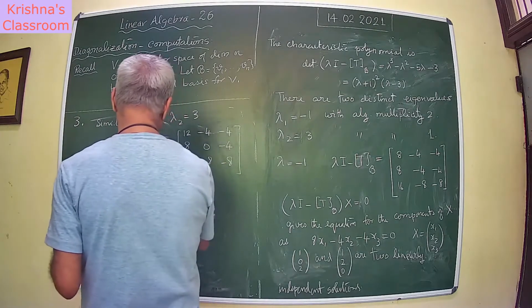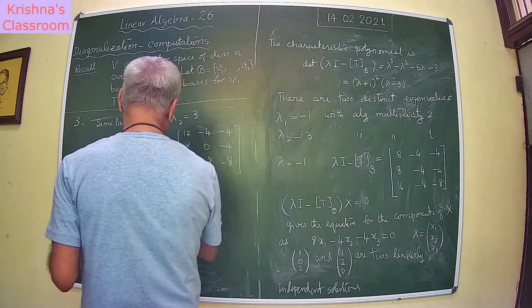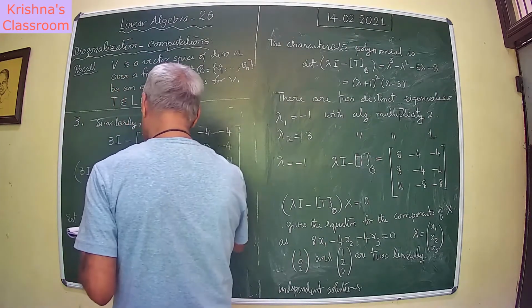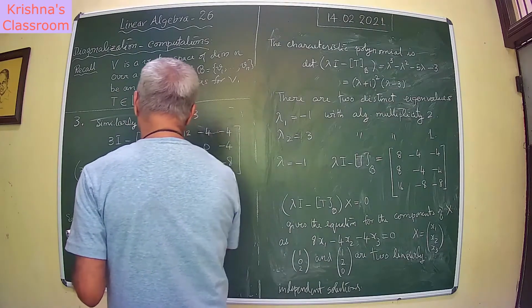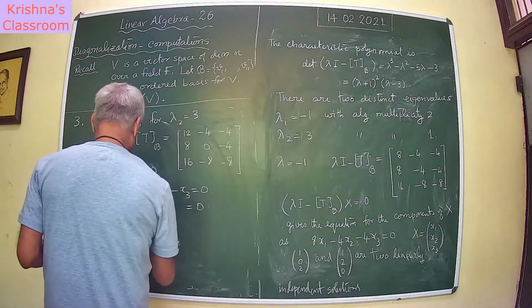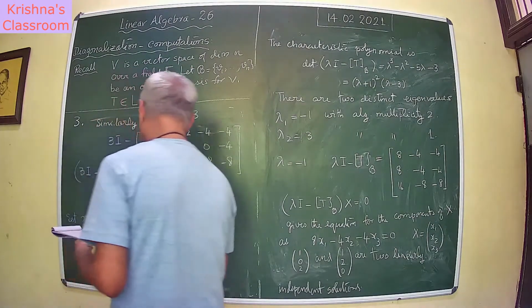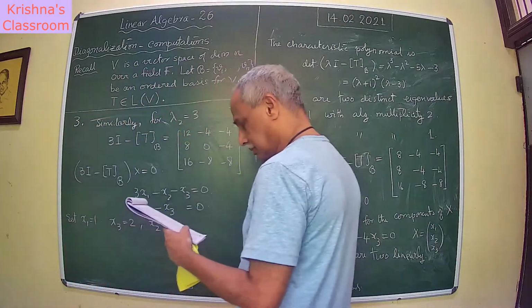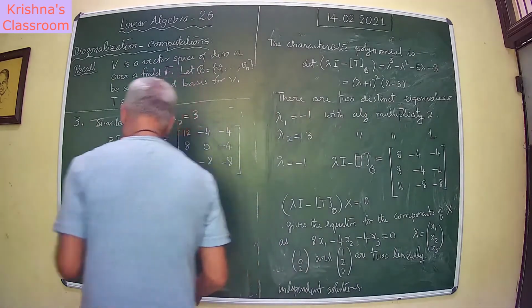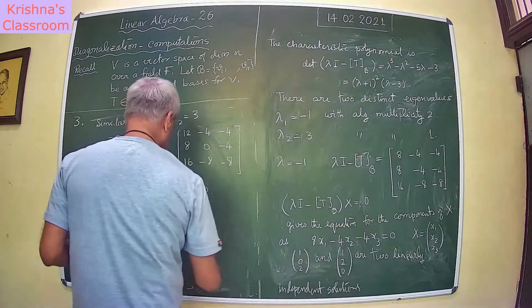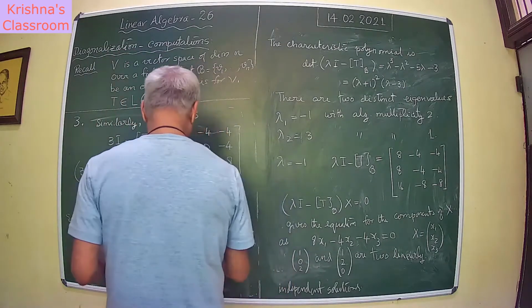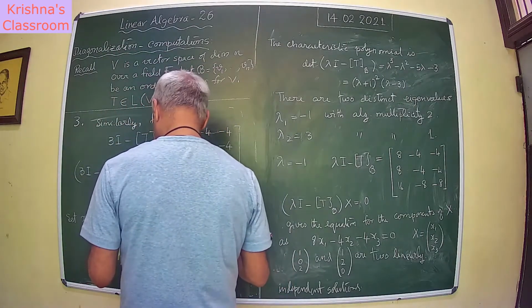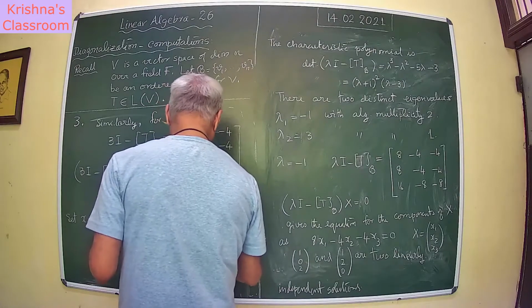Therefore, the corresponding vector is 1, 3, 2.